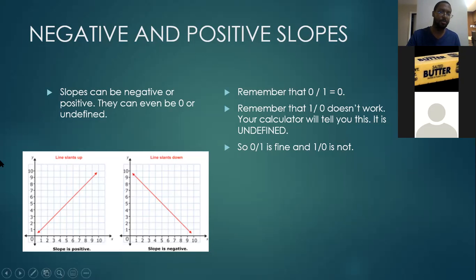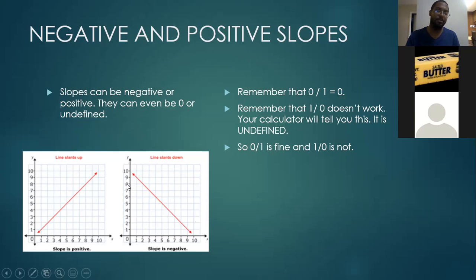You follow it, and then you see, is it going up or is it going down? If it's going up, it's positive. If it's going down, it's negative. That's how we figure out whether a slope is negative or positive.